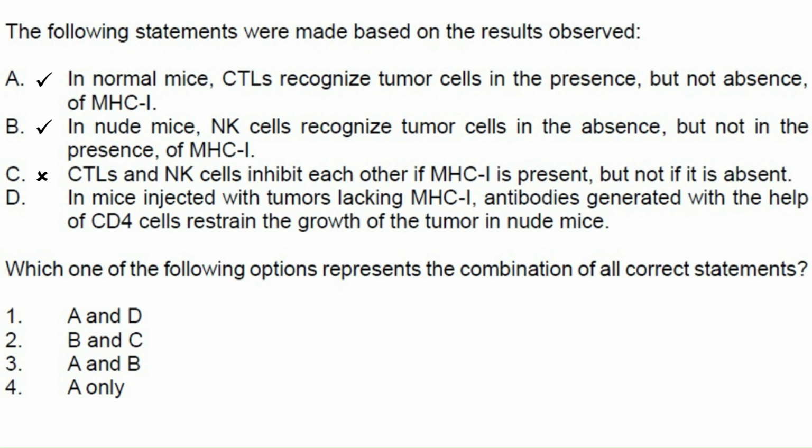And statement D. In mice injected with tumors lacking MHC class 1 molecules, antibodies generated with the help of CD4 cells restrain the growth of tumor in nude mice. So CD4 cells are T helper cells, which are not present in nude mice since there is no thymus. And also we are not given any data regarding that. So just going based off the data, this statement is false.